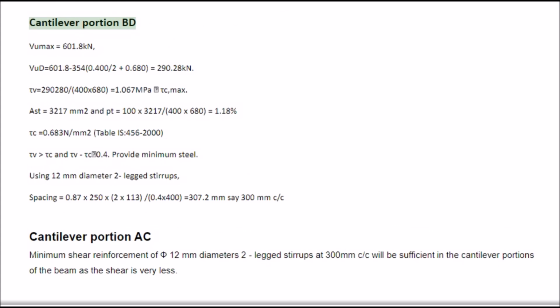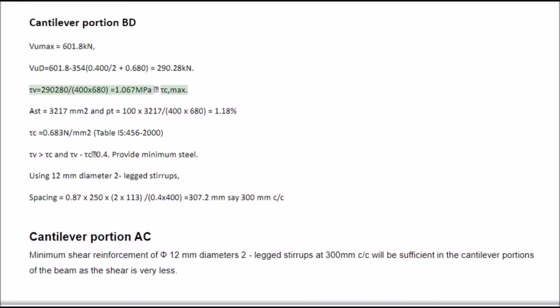Cantilever portion BD. Vu max equals 601.8 kN, Vud equals 601.8 minus 354 x (0.400/2 plus 0.680) equals 290.28 kN.